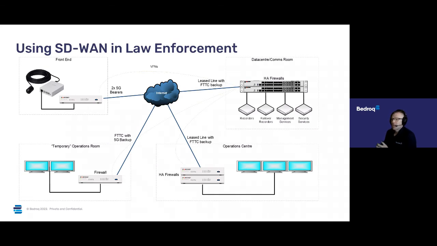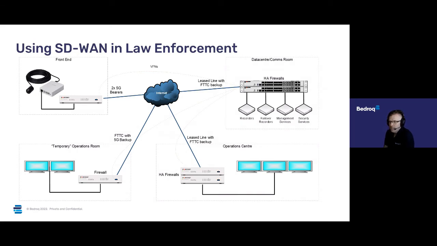So the same concepts around an SD-WAN configured front end can also be made for an SD-WAN configured back end or ops room, or whatever you want to call it. Maybe one of your operations teams is doing an op for 6 months or a winter, whatever the time frame is, and you want to put them in a client, put in a firewall, get a connection, however that method is, whether that's fiber or maybe even your Force IT can provide you some connectivity through their networks.